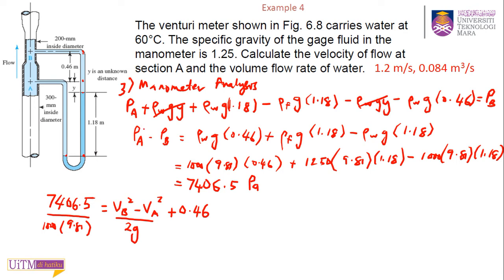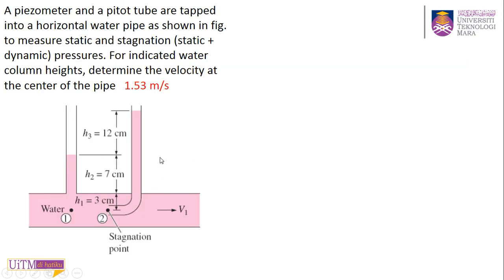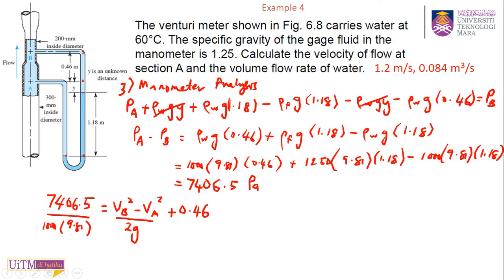Now we still cannot solve the question because we have two unknowns, VB and VA, and because they asked you to find the velocity at point A, so they asked you to find VA. So what do we do? How to solve this? Anyone?